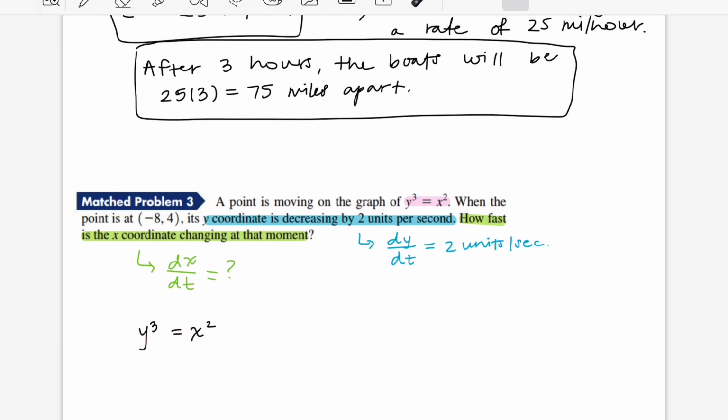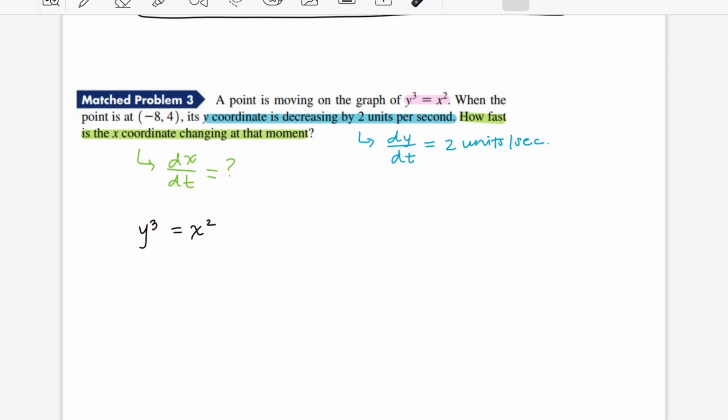And again, we'll use implicit differentiation because x and y are both functions of t. So they are dependent on what the value of t is. x and y are both changing with time. And we also have these power functions here. So our functions y of t and x of t are both inside power functions, so we're going to be using the chain rule as well as implicit differentiation.